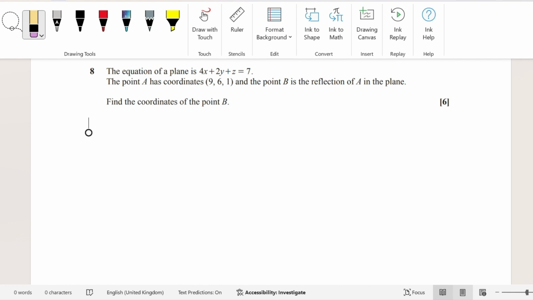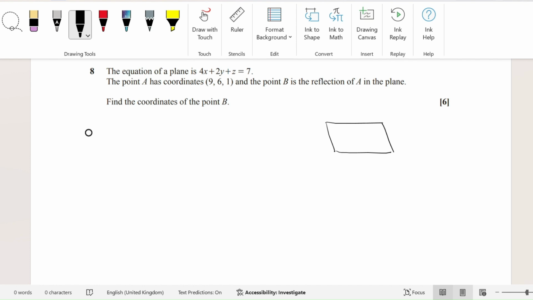So, it says the equation of a plane is 4x plus 2y plus z equals 7. Straight away, we know it's a plane, so we can just draw a diagram of a plane. It'll look something like this. And we've been given an equation in Cartesian form.